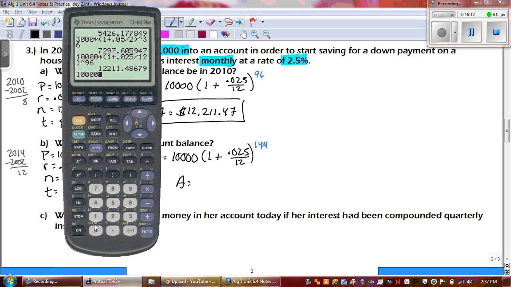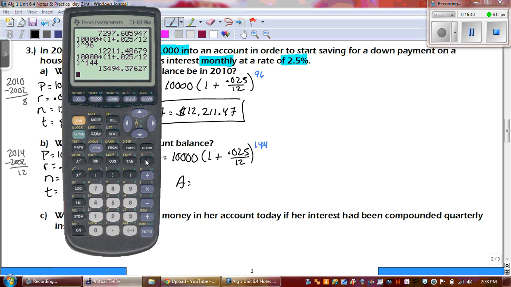So we got 10,000 times, nope, it's not going to let me, times 1 plus 0.025 divided by 12, close the parentheses, raised to 144.